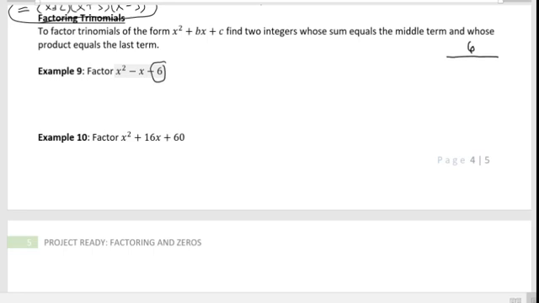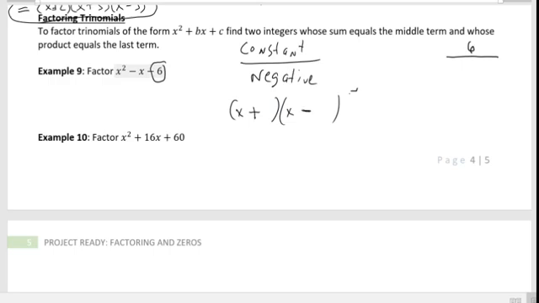Before we do anything, if your constant is a negative, then when we do our factoring, you're going to have one positive and one negative.